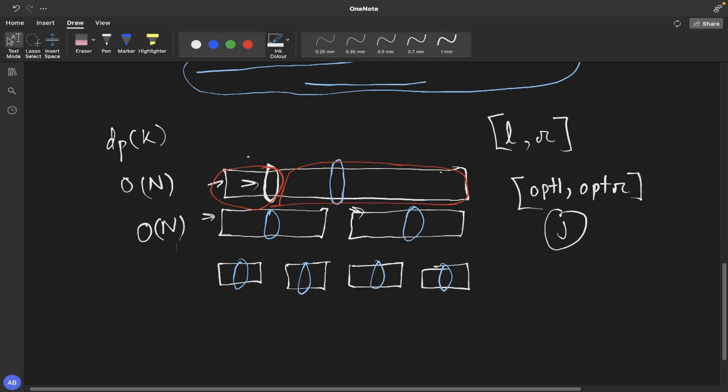And now let's see what happens in the third level. So we arrived at an optimal splitting point for this value as well. And because of that, we know that the optimal splitting point for the bottom segment over here has to be smaller than or equal to the optimal splitting point for this segment. So let's say that this is the optimal splitting point.